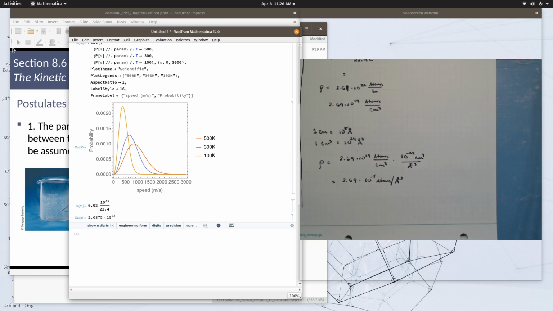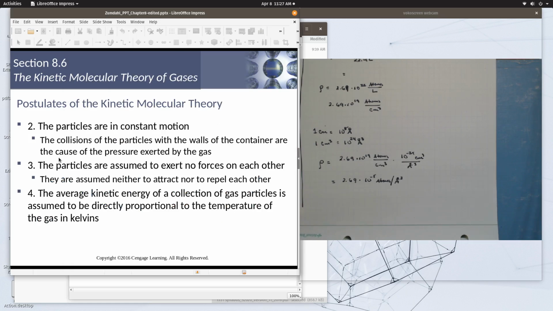I can take the cube root of this, which would be about 1 per 10 angstroms, basically. So it's roughly 10 to 20 angstroms between atoms on average in a gas. We can easily figure out how far apart atoms are on average in a gas: very, very far away from each other, which makes sense.